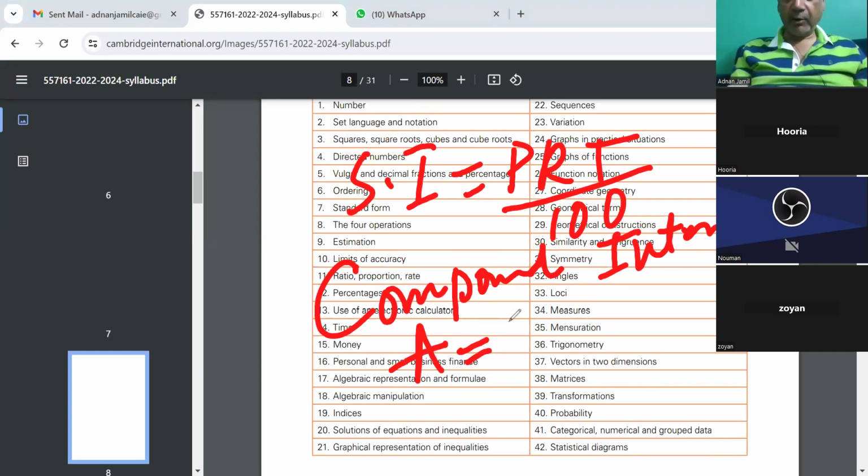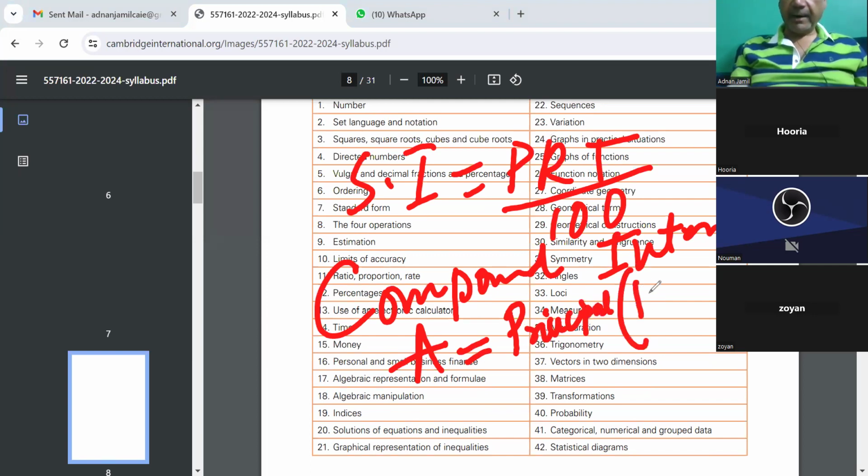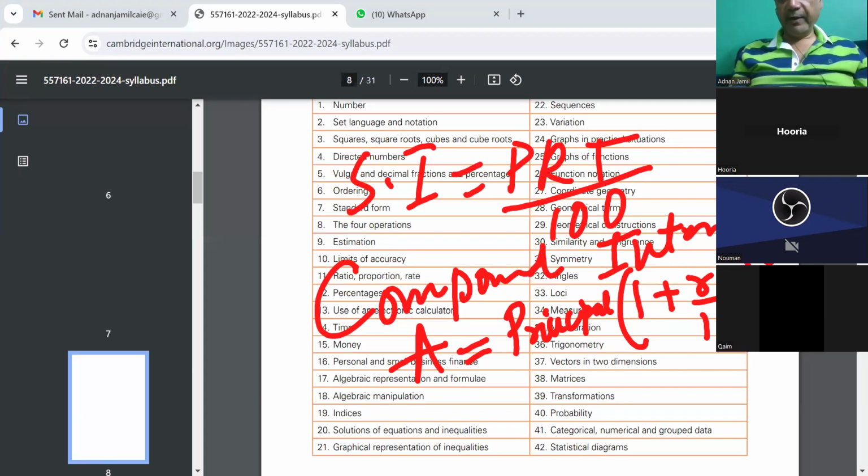So we say amount is equal to principal, brackets 1 plus R upon 100 raised to the power T, where T is the time, rate is always in percent. Principal is the amount deposited or borrowed.